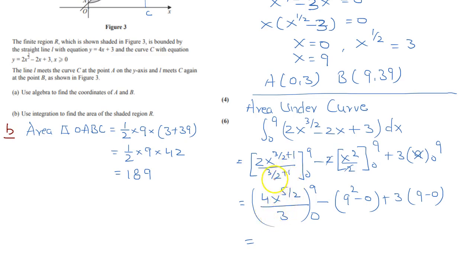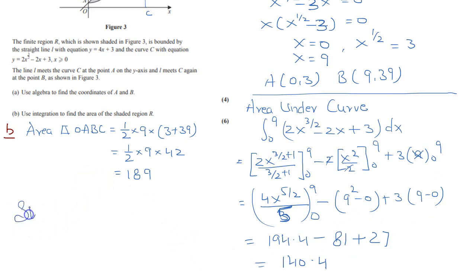This is not 3, 3 plus 2, this is 5. So that is equal to 194.4, minus 9 square, then plus 27. So that is 81 plus 27, which gives 140.4.